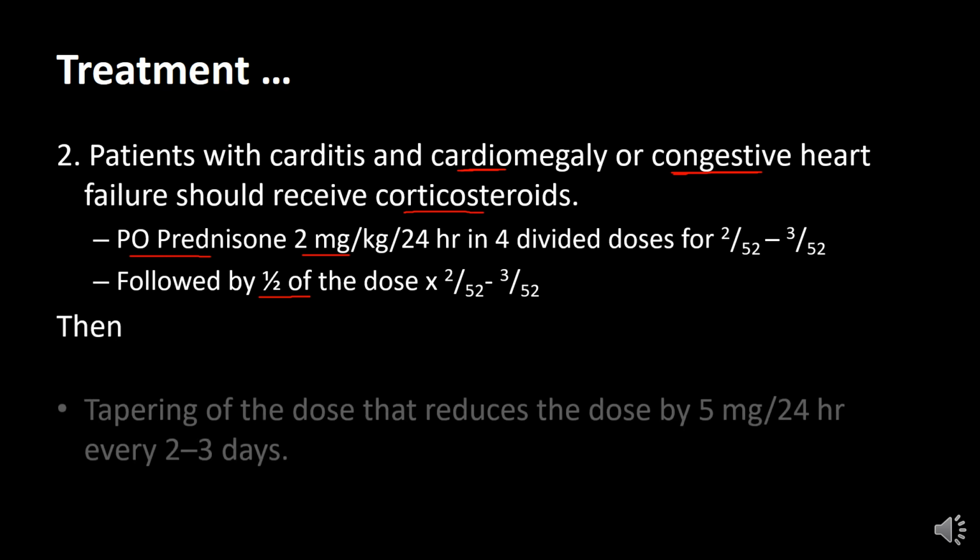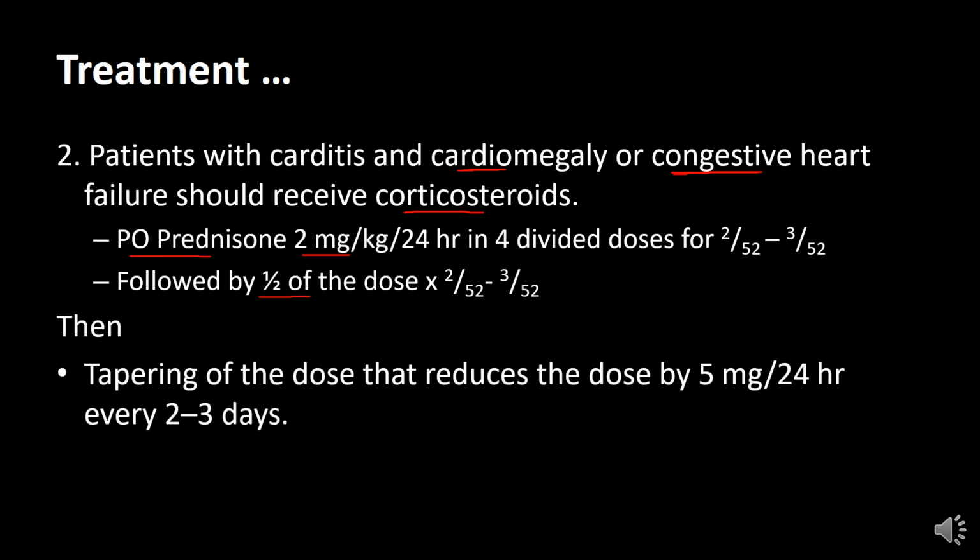What follows then? You don't just stop steroids like that. When you decide you have already done the correct duration and the child is improving well, then you start tapering off the steroid. And how do you do that? You reduce the steroid dosage by 5 milligrams per day.